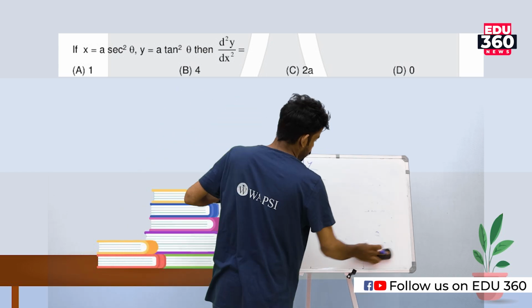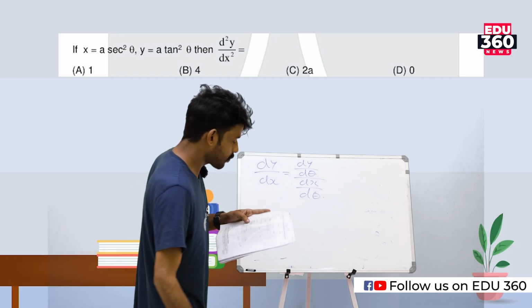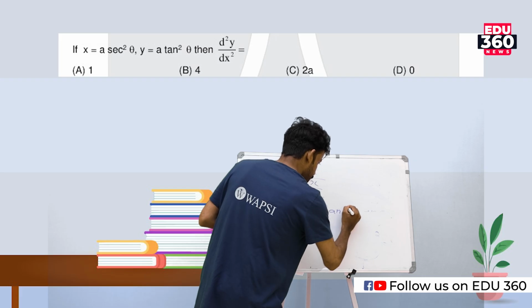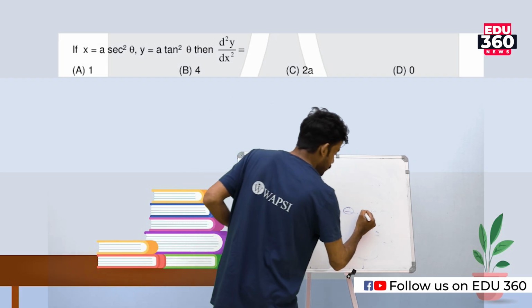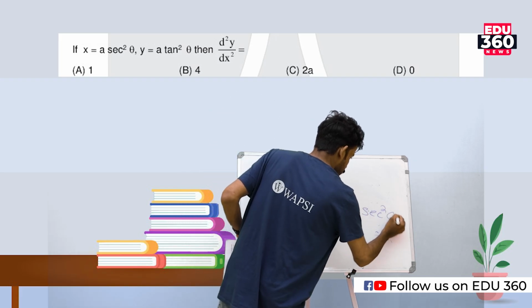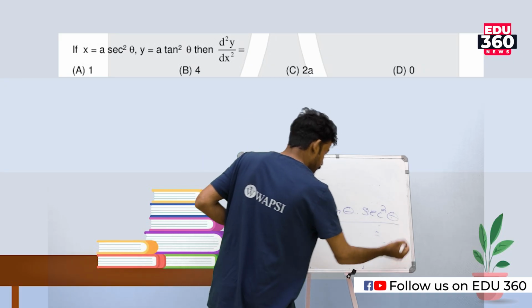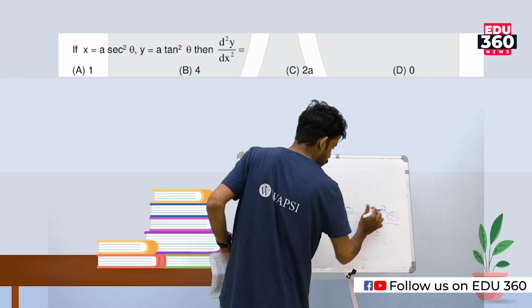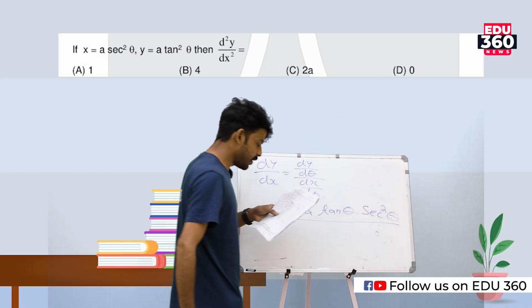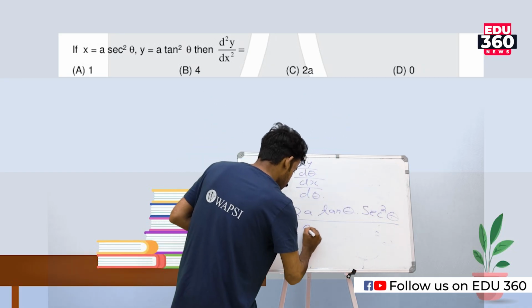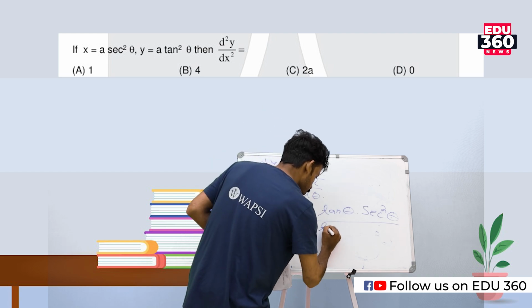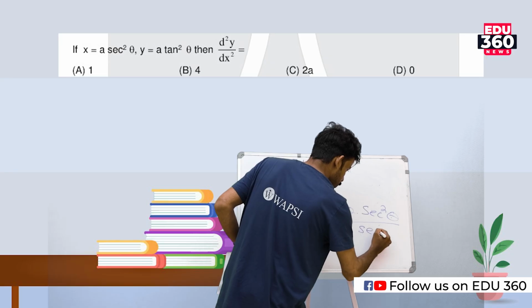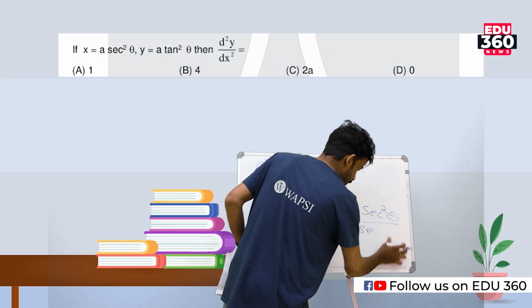That is equal to 2a tan theta sec square theta divided by 2a tan theta sec square theta.